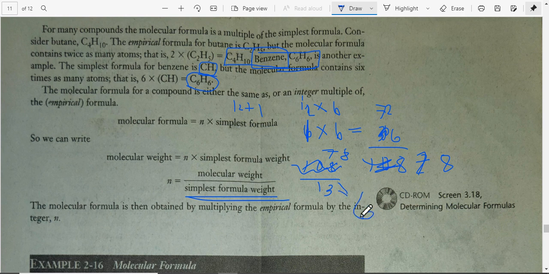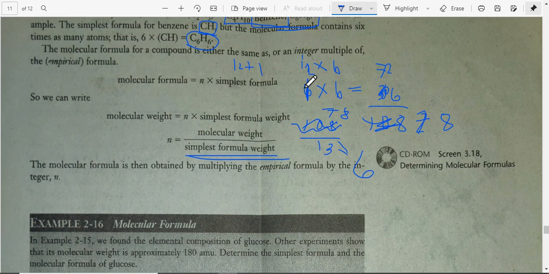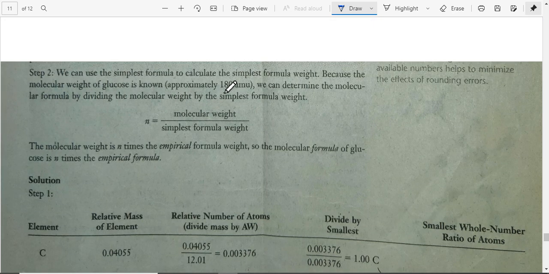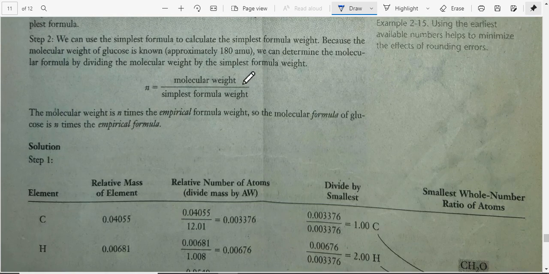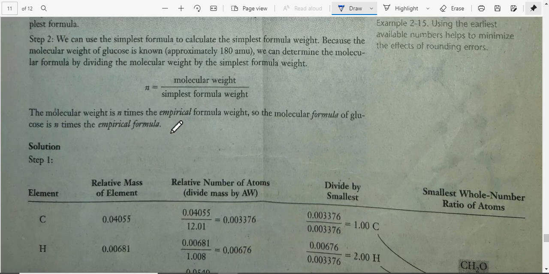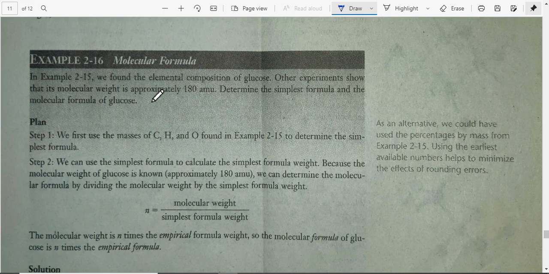I have here an example. Here is an example of using this: we found the element composition of glucose, with a molecular weight of approximately 180.